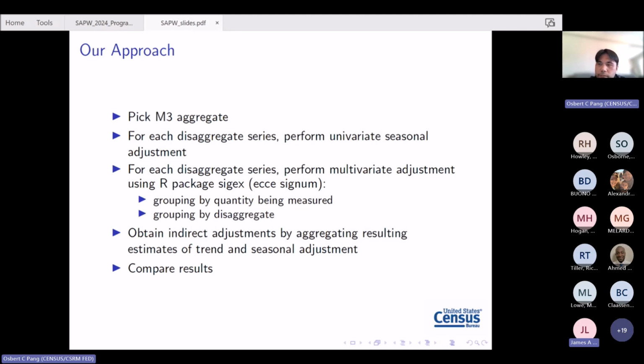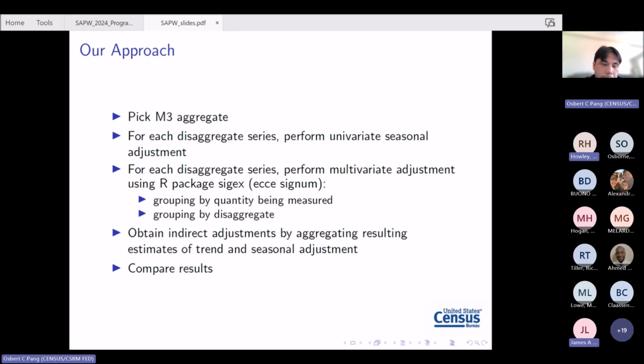One is, if we group by the quantity being measured, that is, we model a bunch of value of shipment series together. The quantity being measured, my bad, we group by all their value of shipment series.